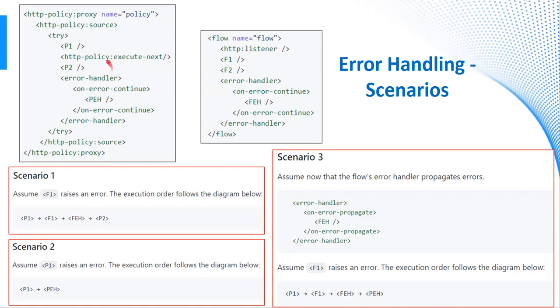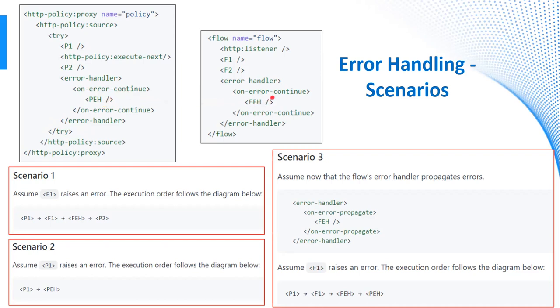If there is any error in the policy itself, either in P1 or P2, it will get consumed by on error continue inside the error handler, and nothing will be propagated as an error to the client. So the client will see status code 200 and whatever payload is set in this block.